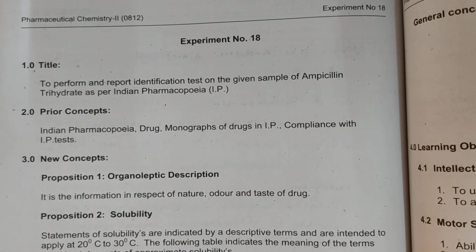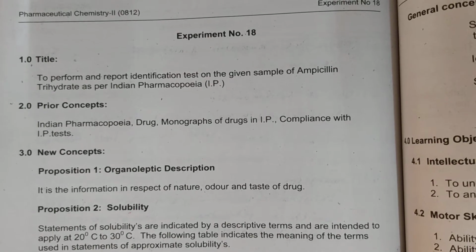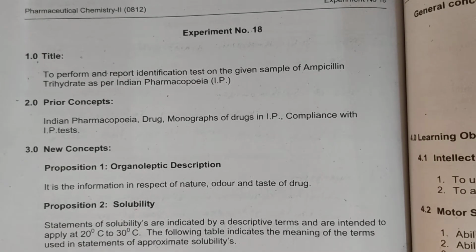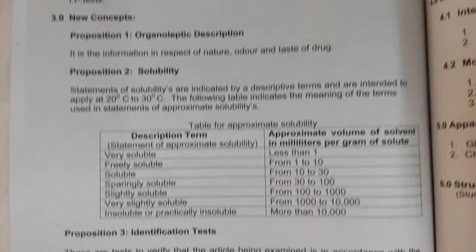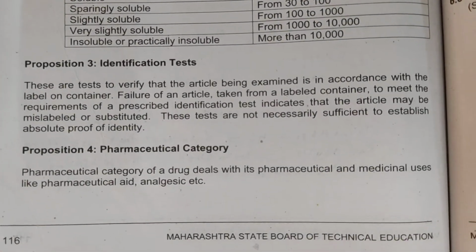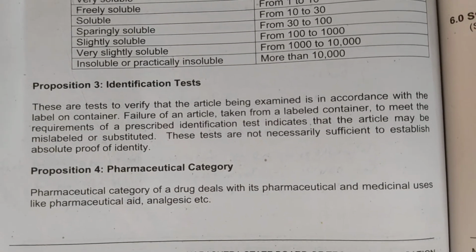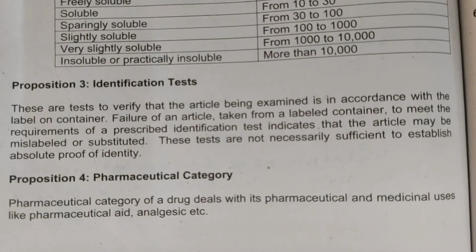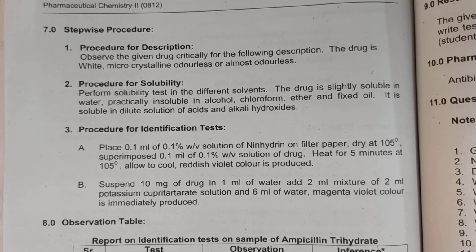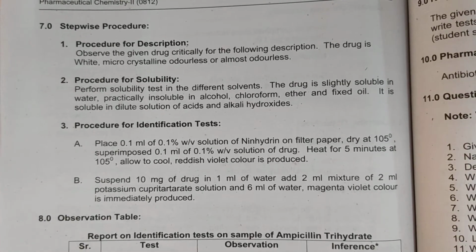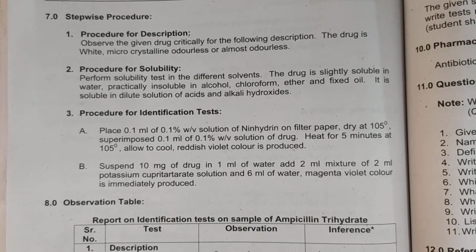To study experiment number 18: to perform and report identification tests on the given sample of ampicillin trihydrate as per IP. The drug is used for pharmaceutical and medicinal purposes, and it is available as a white microcrystalline powder which is odorless or almost odorless.